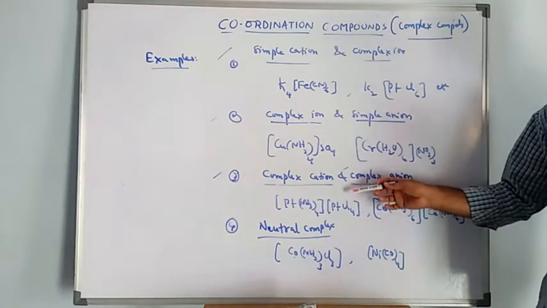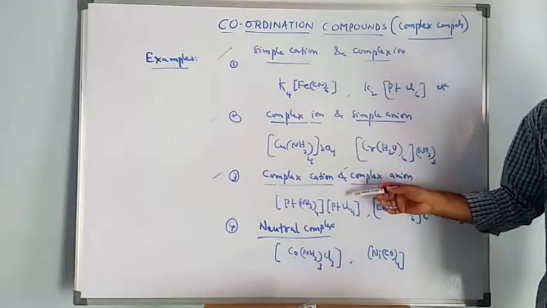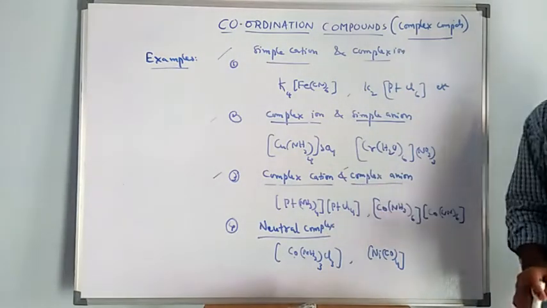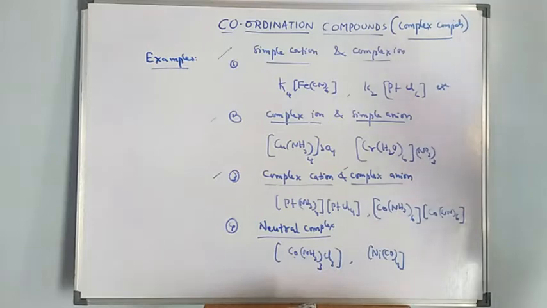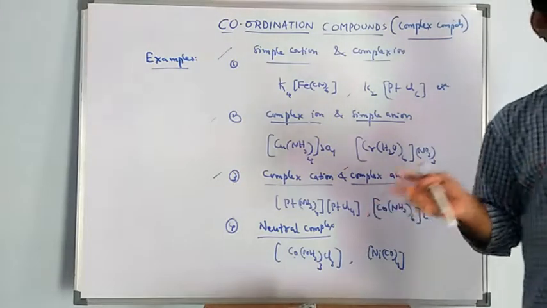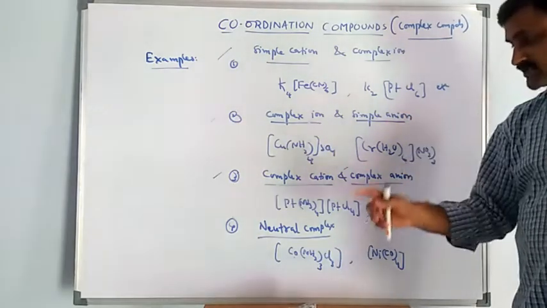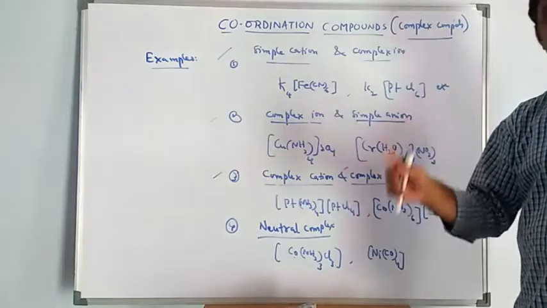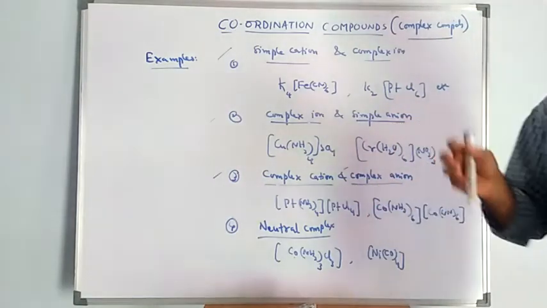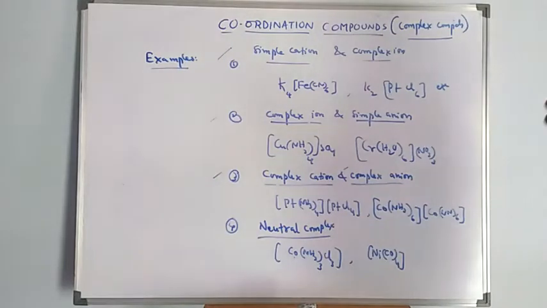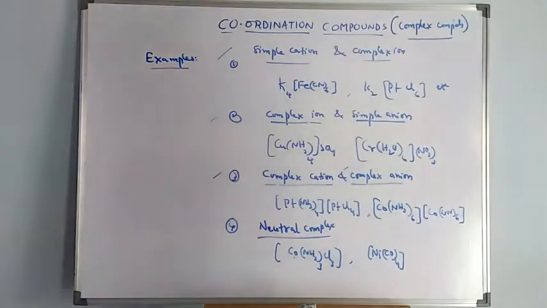So both are complex ions only. But in the fourth example, we are not going to write any anion and cation separately. We are going to write only one square bracket, and that complex compound is called a neutral complex compound. Okay.